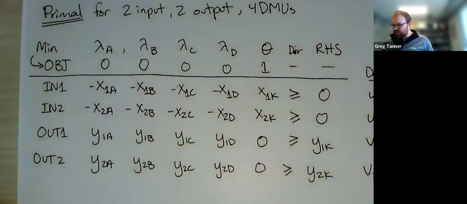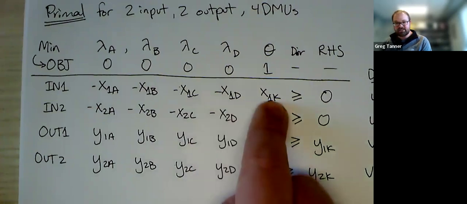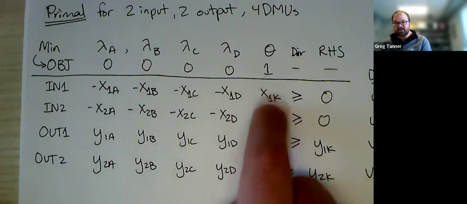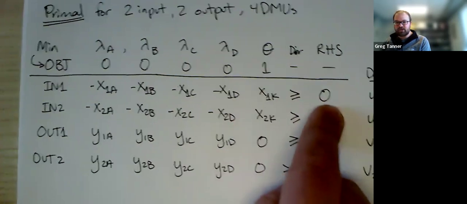Okay. And so I get negatives on all the other DMUs' inputs and a positive multiplying the theta for x1k for the current DMU of interest. And that has to be greater than or equal to 0.